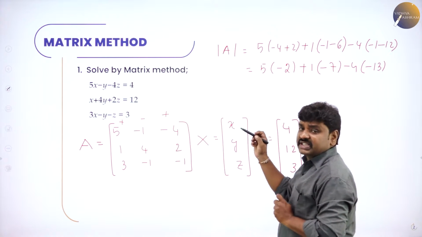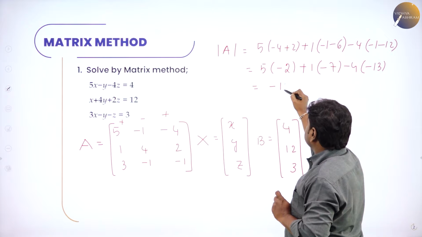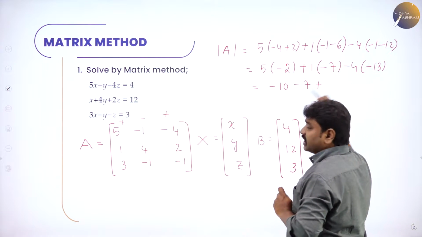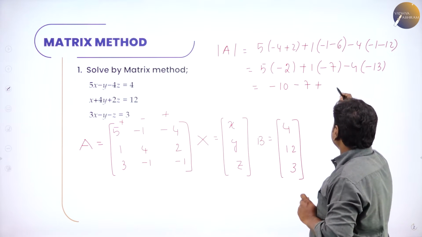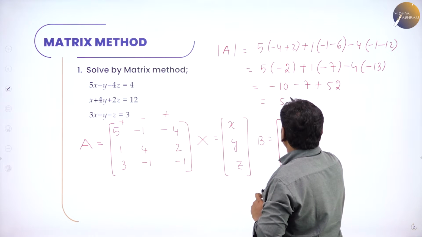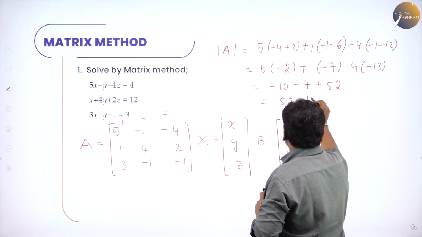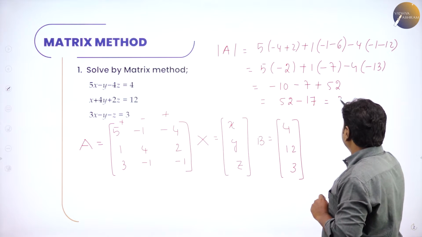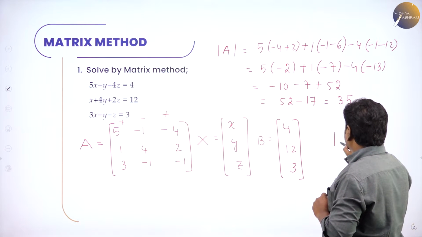Further simplify this, so we will get minus 10, minus 7 plus 13 into 4. Simplify this, 52 minus 17, that gives you 35. Now you got determinant of A.